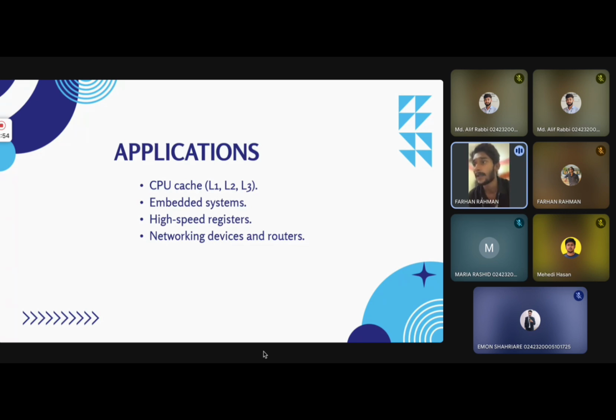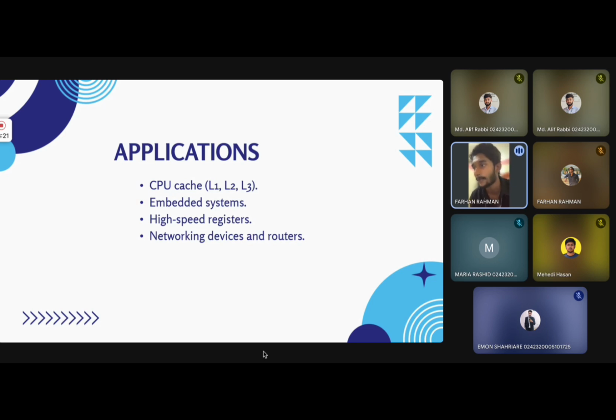In CPU cache, frequently accessed data and instructions are stored using static memory for super fast access, speeding up execution by reducing access time to main memory RAM. In embedded systems, we use static memory since these systems often run a single application repeatedly.